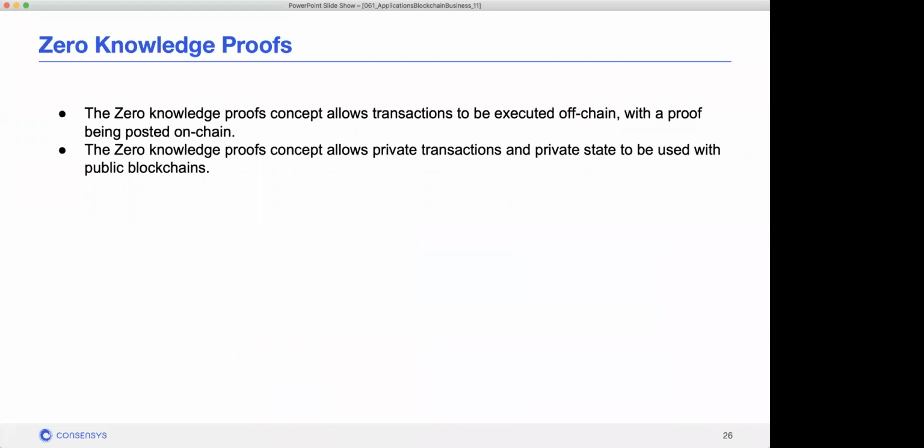And so the zero-knowledge proof concept can be used to allow transactions to be executed off-chain and with a proof to be posted on-chain to prove that the transactions existed and have been executed. And so they allow things like private transactions and private state to be used with public blockchains. And so that baseline protocol I was talking about uses this sort of concept.